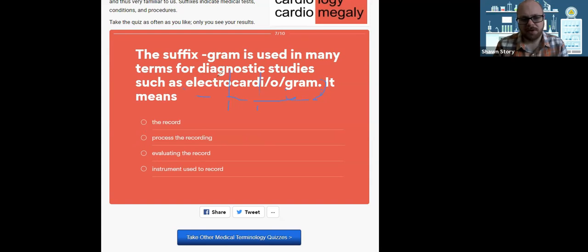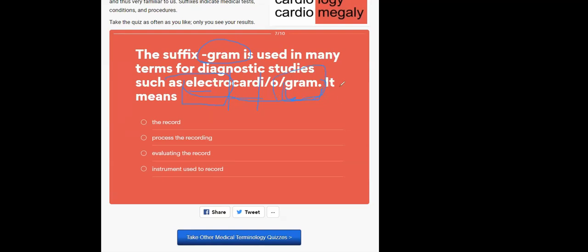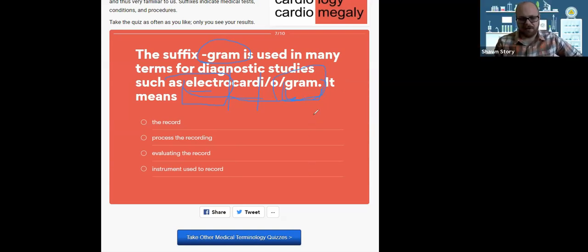The suffix gram is used in many terms, such as this. What does the gram part of it mean? So electro would mean an instrument, that's electricity. Cardio is heart. Gram, measuring? Yeah, so it's the writing it down part of it.